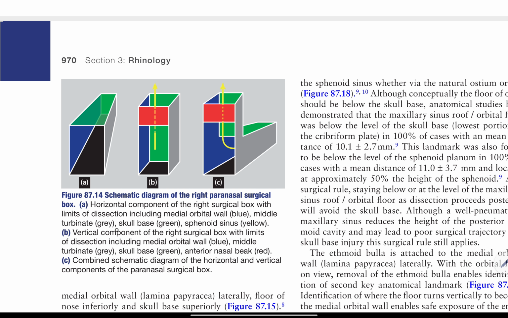B is the vertical component of the right surgical box with limits of dissection including medial orbital wall in blue, middle turbinate in gray, skull base in green, anterior nasal beak in red. C is a combined schematic diagram of the horizontal and vertical components of the paranasal surgical box.